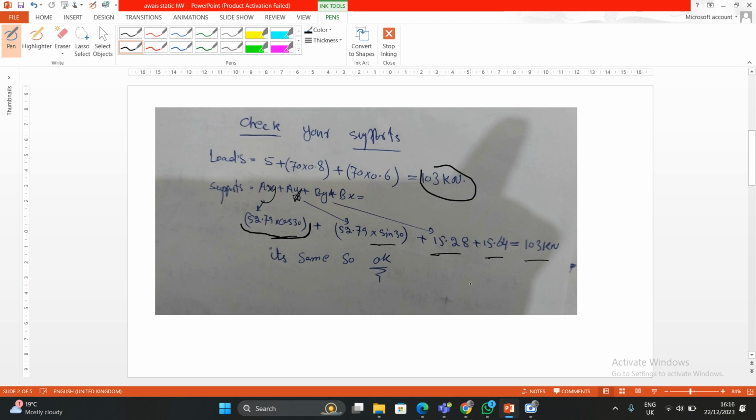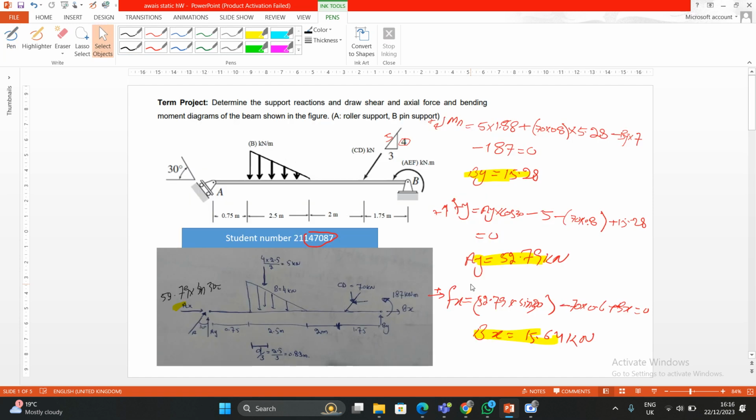In the next steps, you can find your shear force diagram and bending moment diagram. What you will do in the shear force and bending moment diagram is solve this one easily, because this one is going up, so the shear force diagram will start from the top, and then there is no load, so it will be flat, and then here it will be a third degree curve because it is a triangular load.